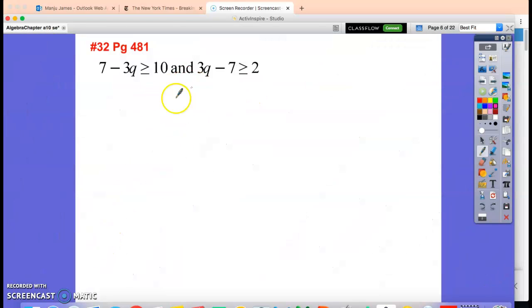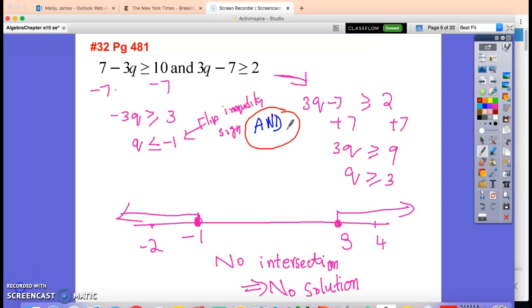Now solve this one, pause the video and check your answers. So you should get -3q ≥ 3. Remember, we are dividing by a negative, so you need to flip the inequality. So there will be q ≤ -1 and q ≥ 3.